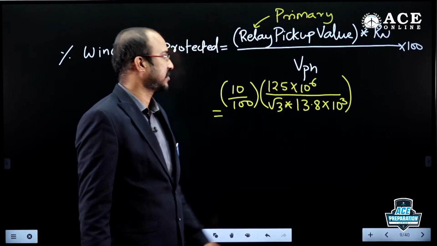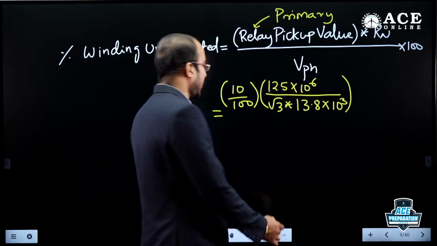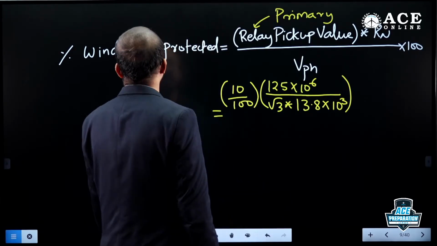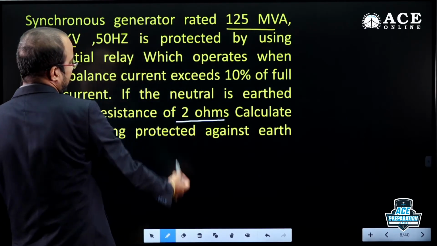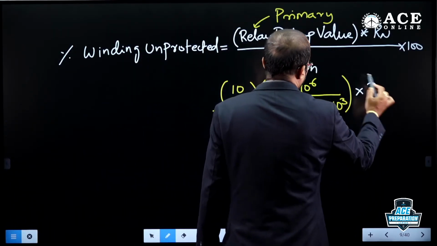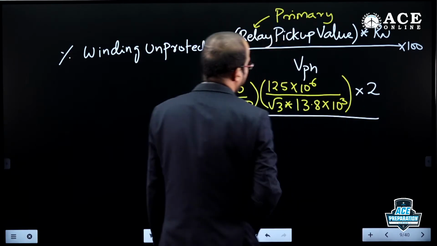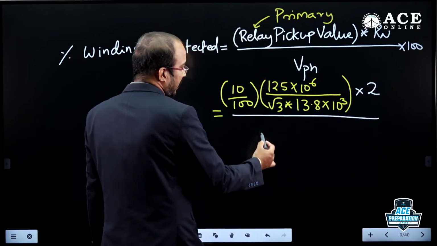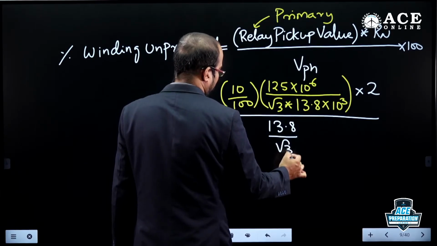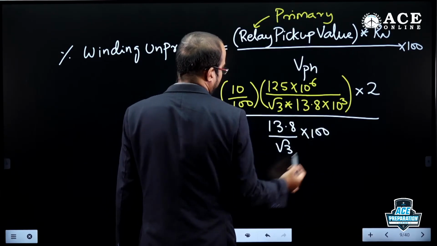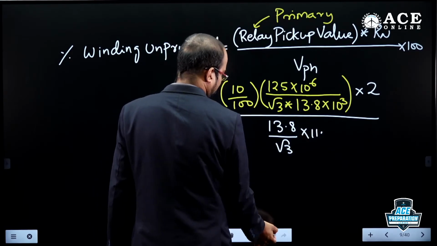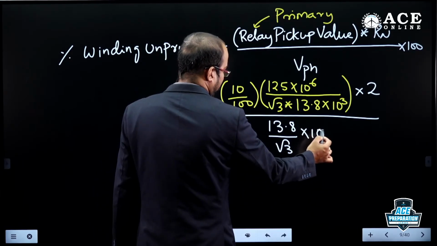This is the full load current, S by root 3 times VL, multiplied by the neutral resistance that is grounded. The neutral resistance Rn is given as 2 ohms, divided by the phase voltage. V phase is VL by root 3, so 13.8 by root 3 into 10 power 3, into 100.